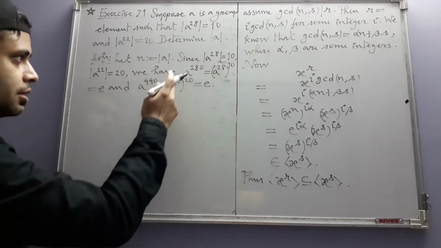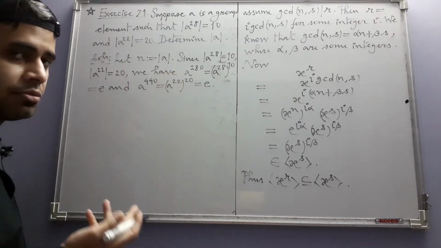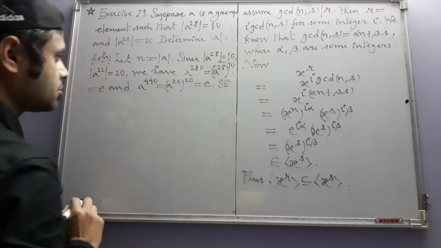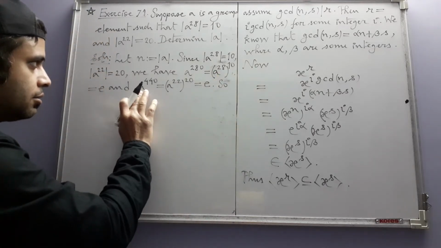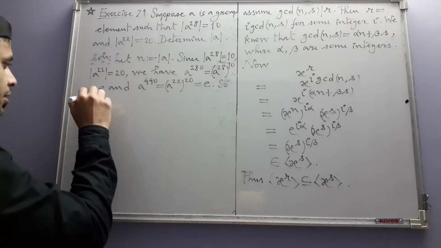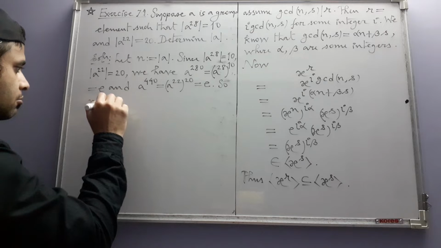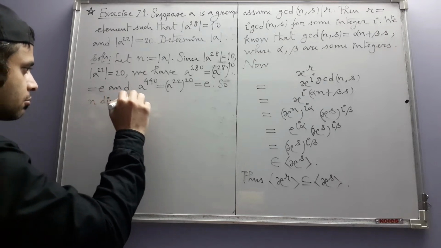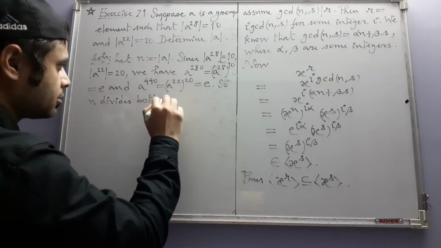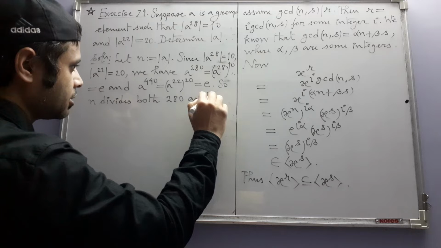But then because these exponents give us identity, the order of a will divide these exponents. So n divides both 280 and 440.